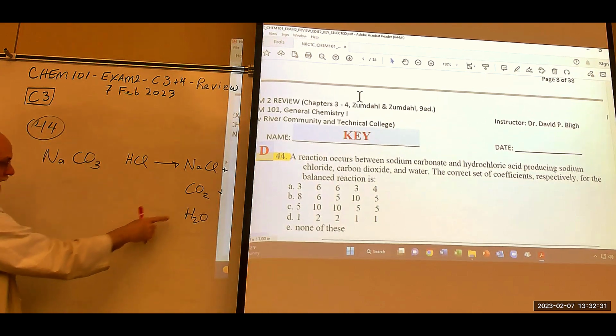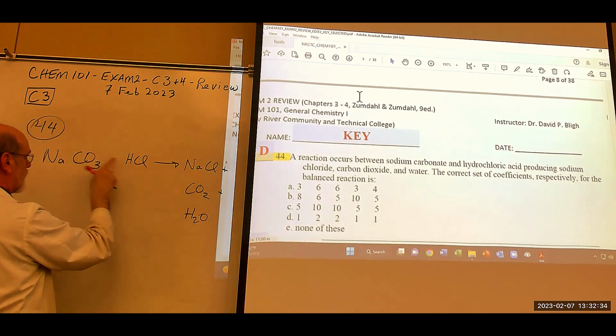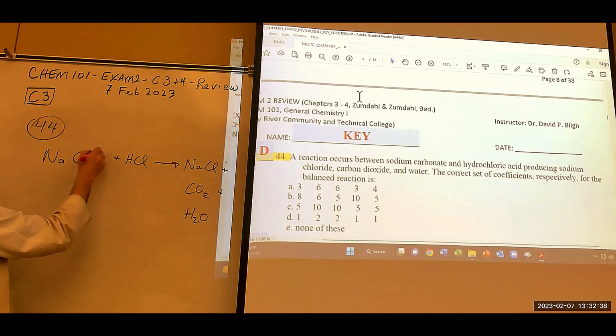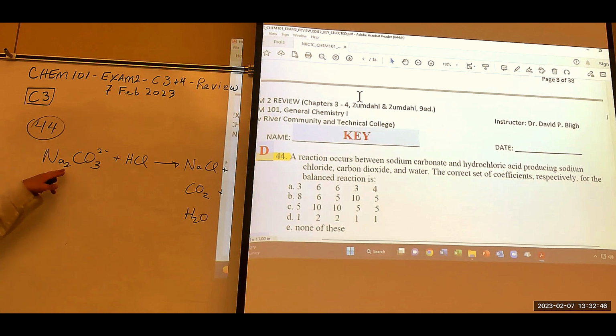Right? So that one's right, that one's right, that one's right, that one's right, that one's wrong. Carbonate has a 2- charge, so we need 2 sodiums. Okay. Remember that. You will see it again this afternoon in your experiment. So once you've written them correctly, then you can go balance them.